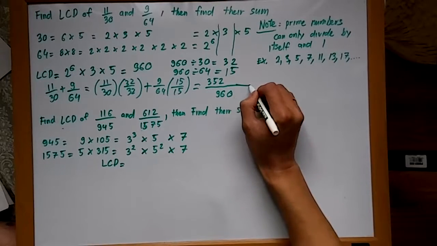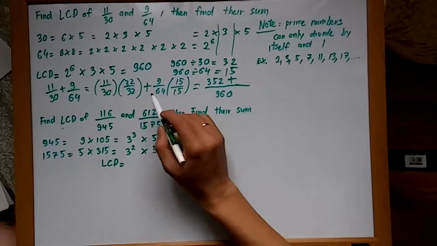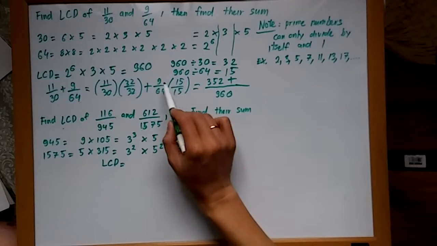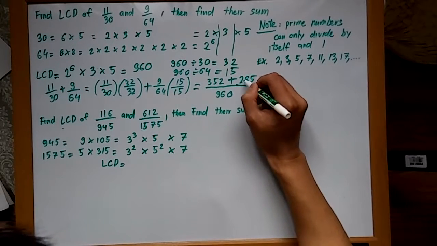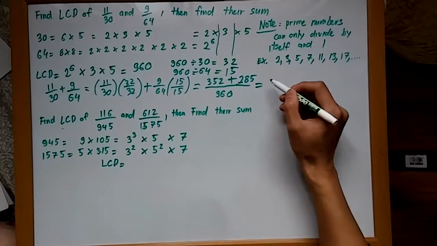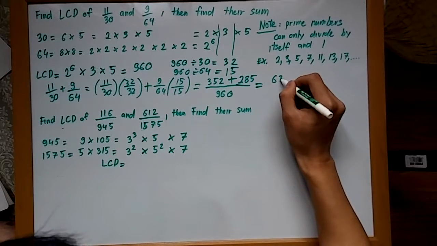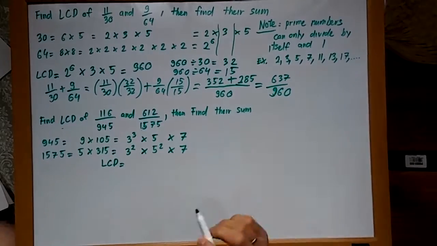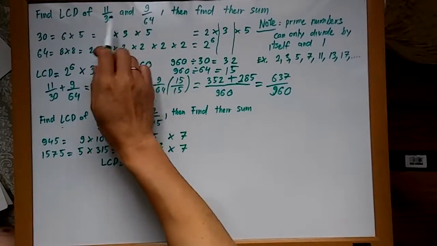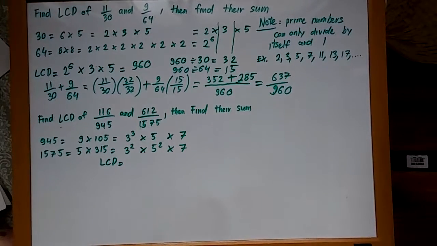I'm just going to include everything here under 960, and 9 times 15 is 135, and that equals 487 over 960, and that is the sum between these two fractions.